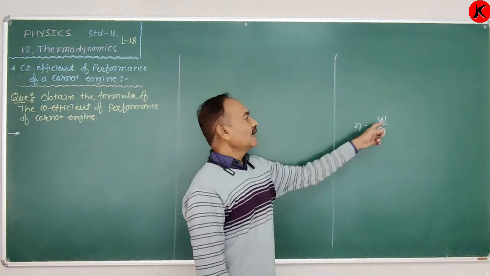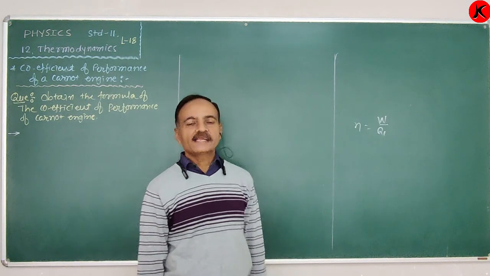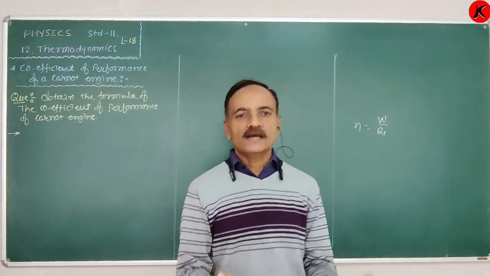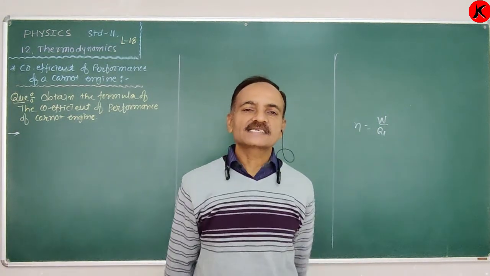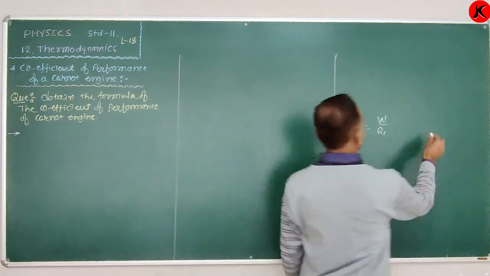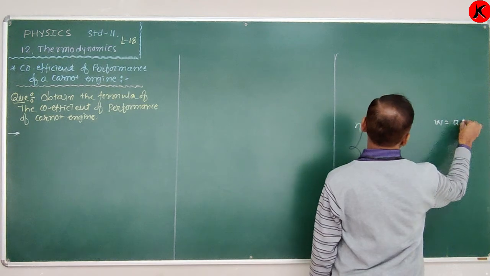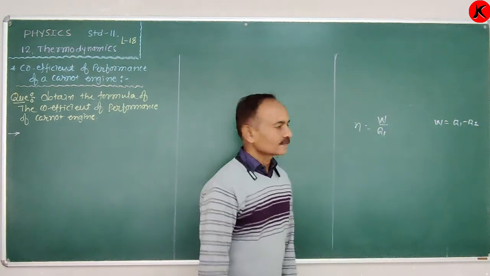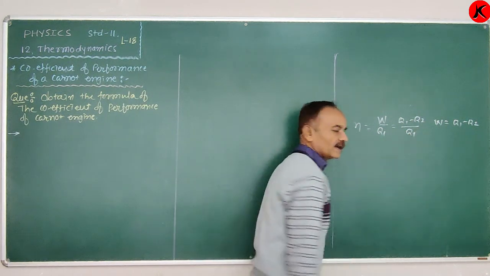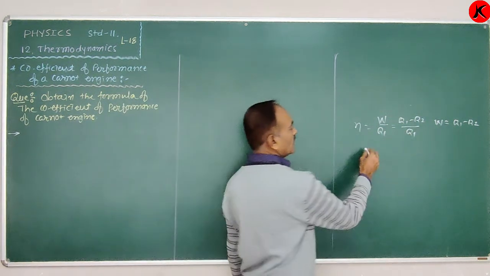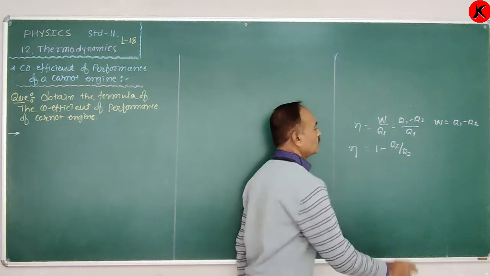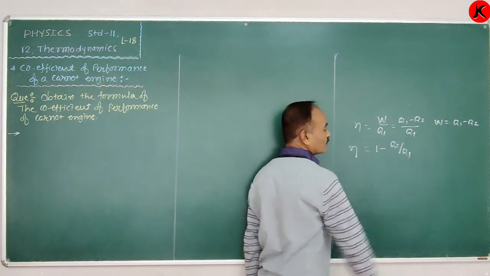In a heat engine, Q1 amount of heat is absorbed, as a result work is done by the gas, that means the system expands, and Q2 amount of heat is released. Therefore, net work done is equal to Q1 minus Q2. So we substitute here, Q1 minus Q2 upon Q1, so our equation becomes efficiency is equal to 1 minus Q2 upon Q1.